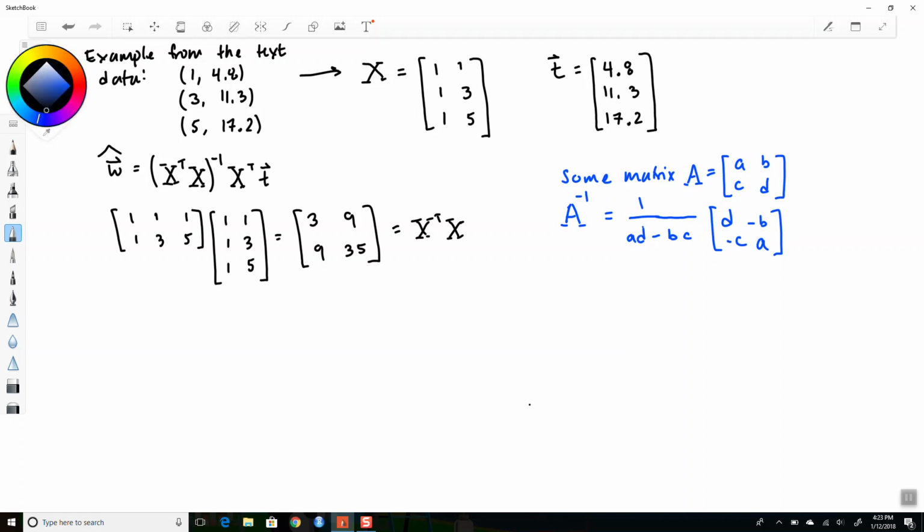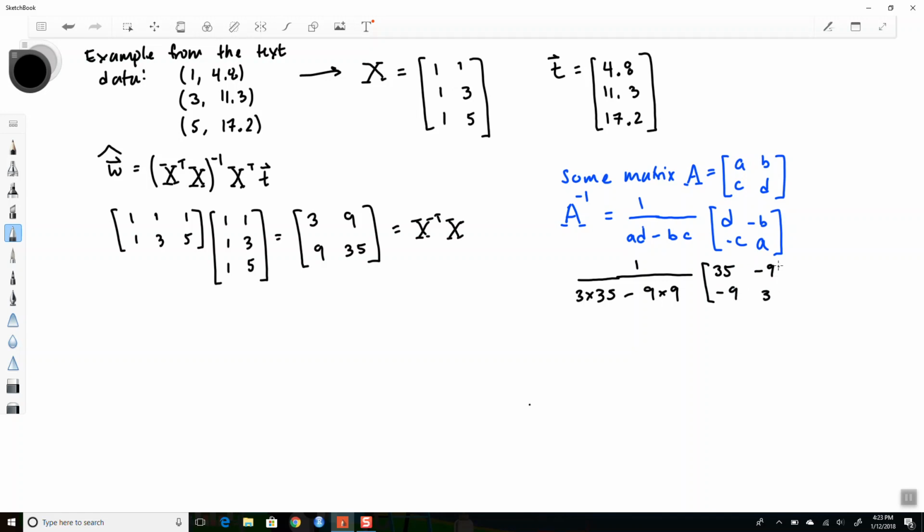So if I apply that to our problem here, I would get 1 over 3 times 35 minus 9 times 9. And I would do 35, negative 9, and 3.